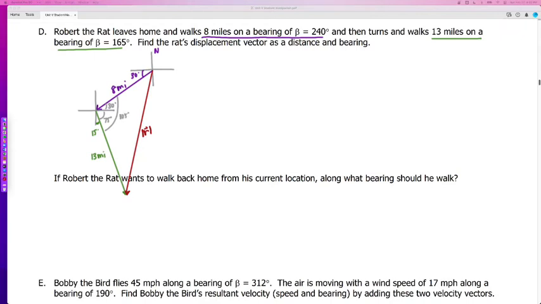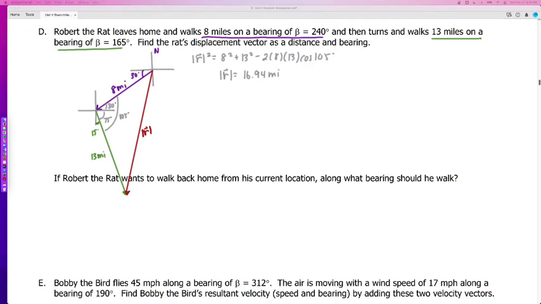So similar to what we've been doing, we can use the law of cosines really quickly to solve for the magnitude of the resultant vector. That's 8 squared plus 13 squared minus 2 times 8 times 13 times the cosine of 105 degrees. Don't forget to square root that in your calculator. Our magnitude here is going to be something like 16.94 miles.